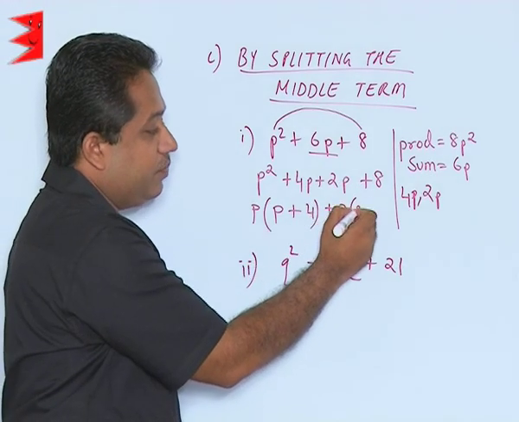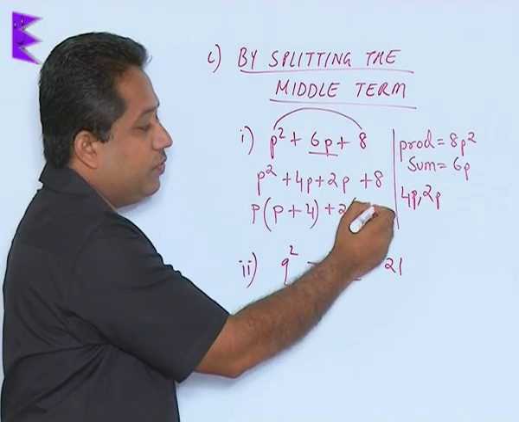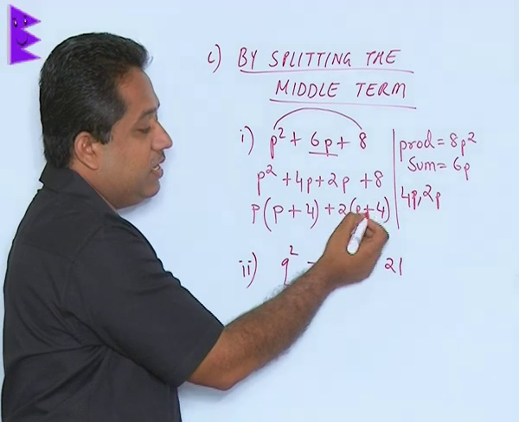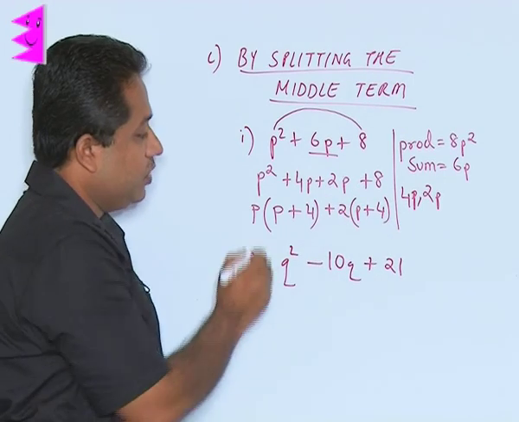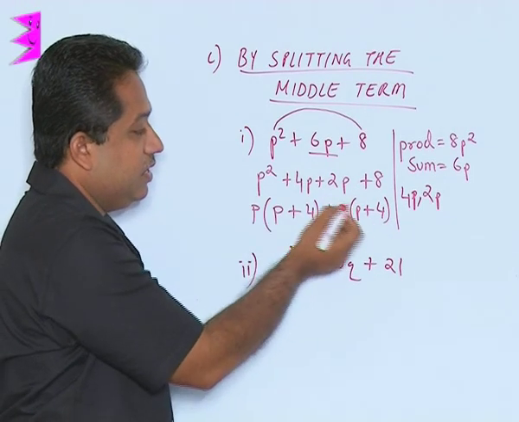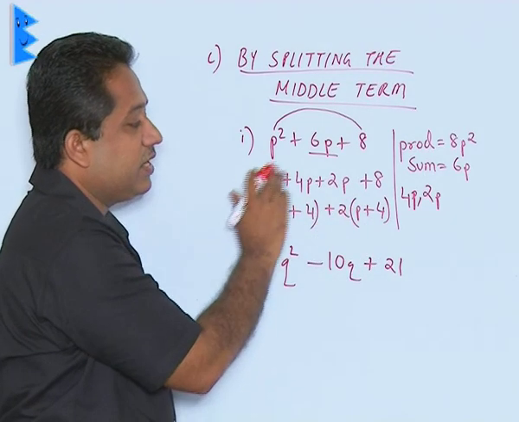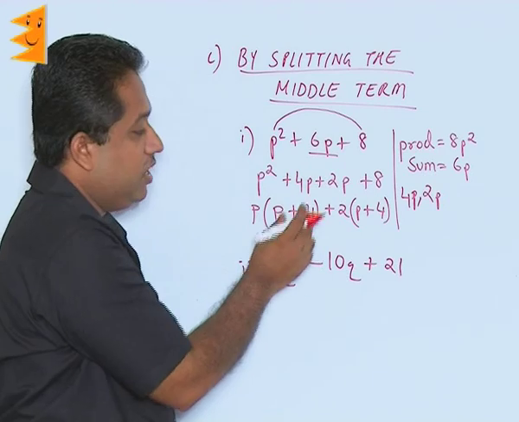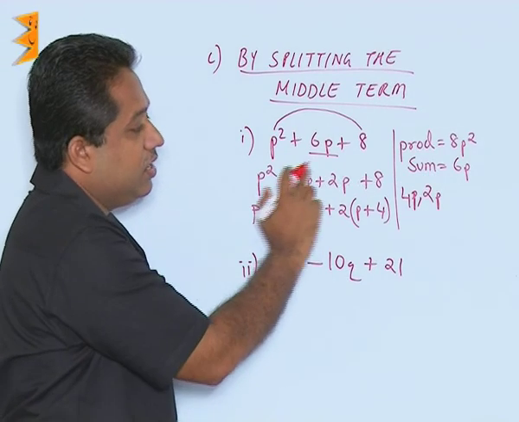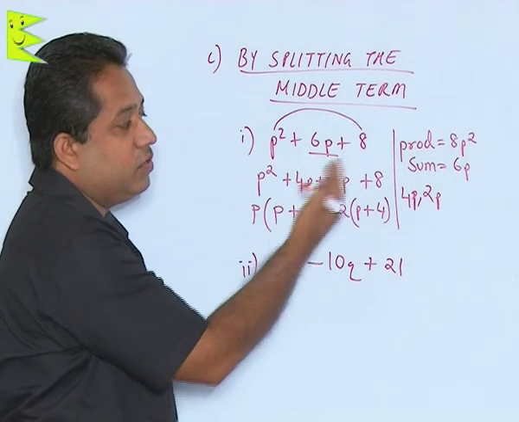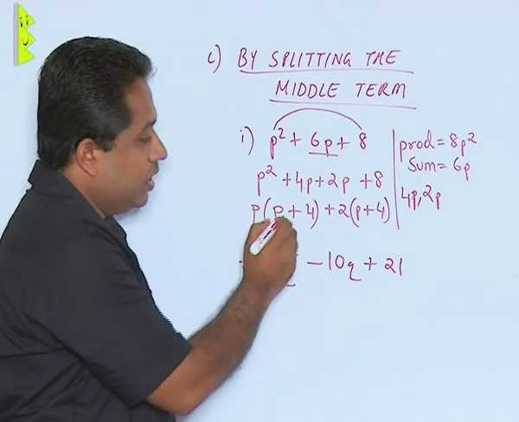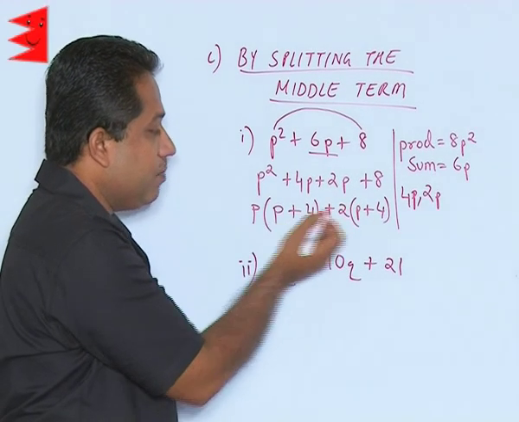So, we are left with p plus 2 goes 4 times in 8. So, we get p plus 4 here as well. So, in both the brackets we observe that p plus 4 is common, and this has to be common if our factorization is correct. If this is coming different, that means our splitting is wrong and we will have to redo our calculation. Now, once we get it same, we can combine this.